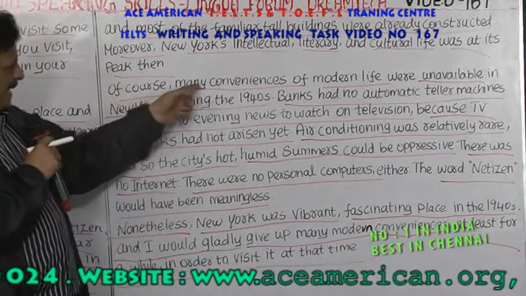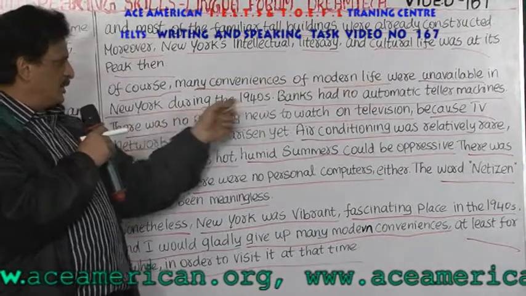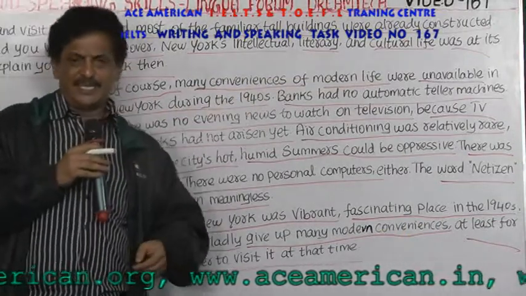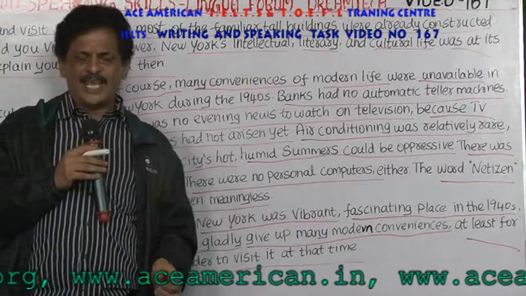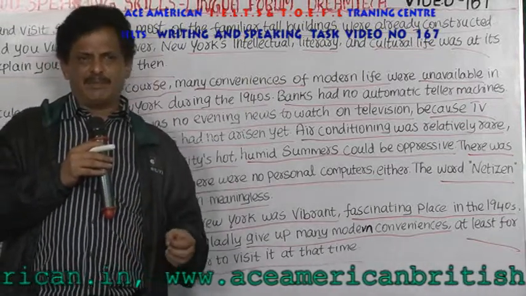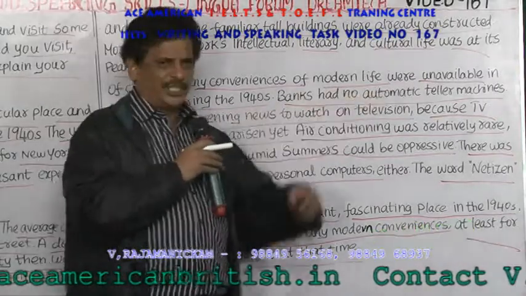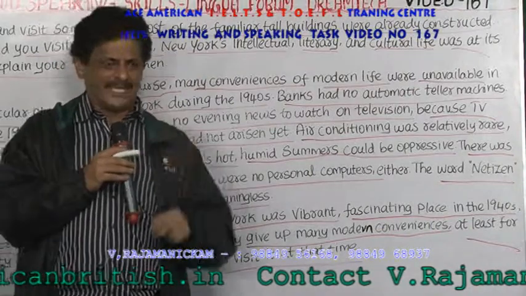Of course, உண்மையில் many conveniences of modern life were unavailable in New York during the 1940s. 1940களிலே இப்பொழுது இருக்கக்கூடிய நவ நாகரீக சௌகரியங்கள் அப்பொழுது 1940-50களிலே நியூயார்க்கிலே கிடையாது. Banks had no automatic teller machines. வங்கிகளுக்கு ATM கிடையாது.